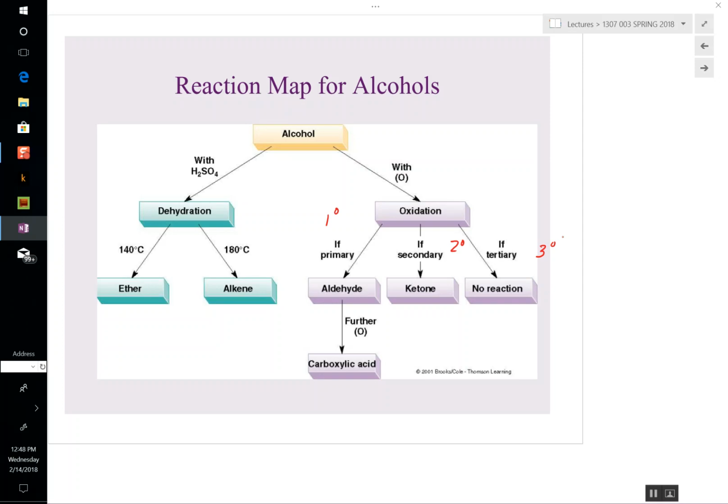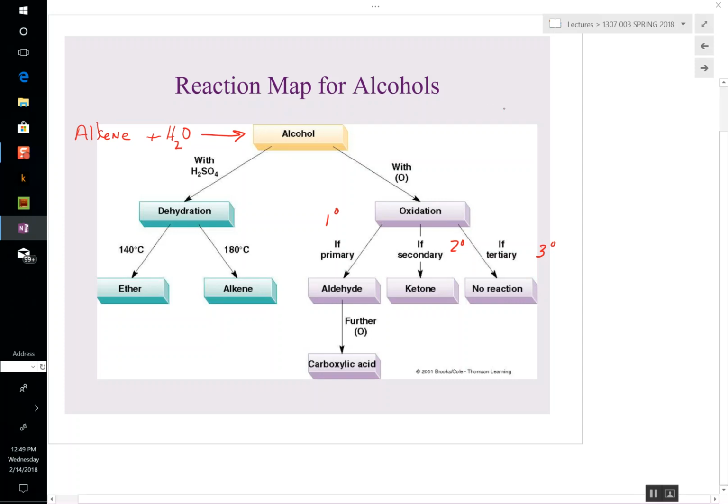Now, if you want to fill this diagram out a little better, you could include here how you prepare alcohols. An alkene plus water, or the hydration of a carbon-carbon double bond, will form an alcohol.